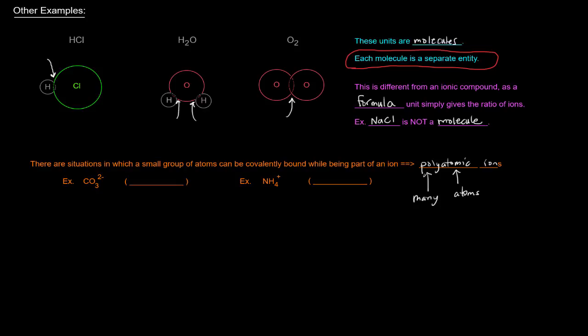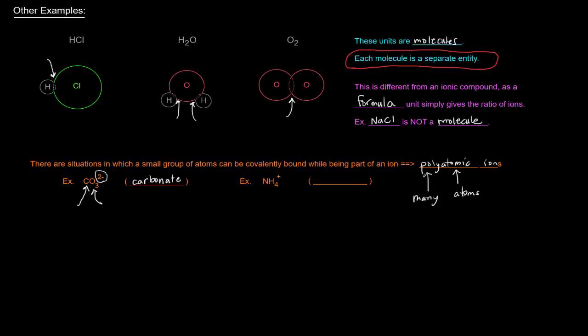So you have many atoms all combined together, but overall they have a charge, right? So here's an example, CO3 2-. This is called carbonate or carbonate ion. And so we've got 1 carbon and 3 oxygens. And overall, that whole situation has a charge of -2, right?